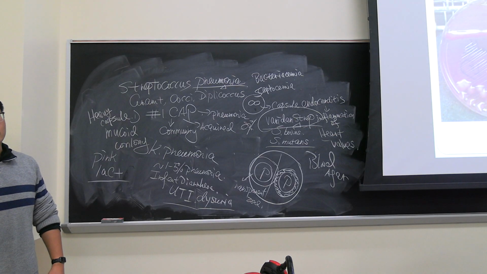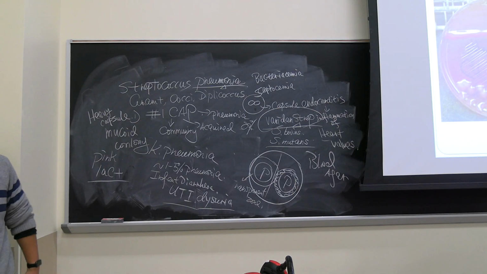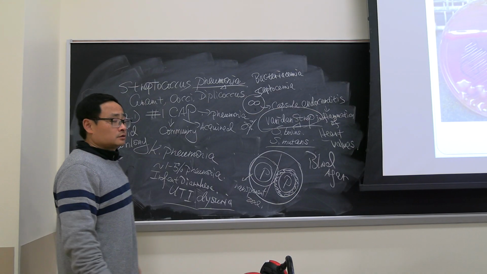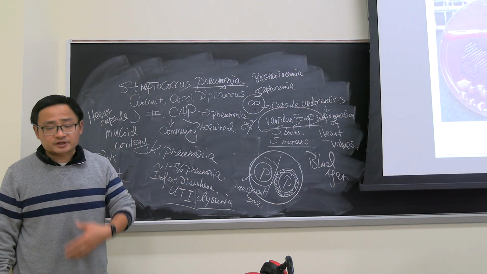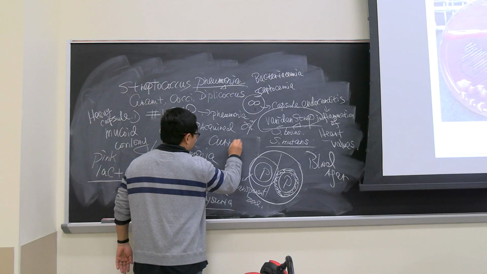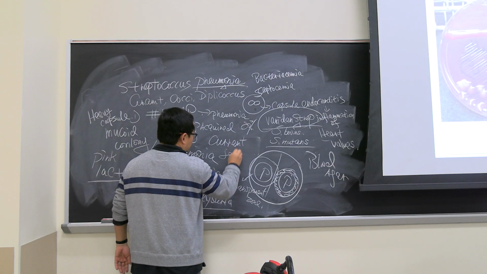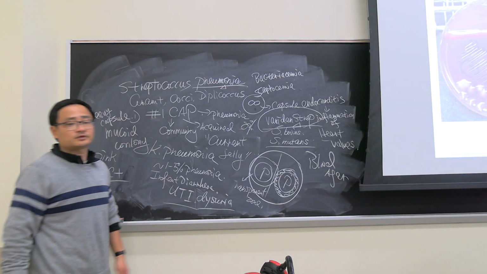So if people are infected with Klebsiella pneumoniae, what will they have? They'll cough. If they cough out a sputum sample, it looks like currant jelly. Heavy and thick with dead blood cells.